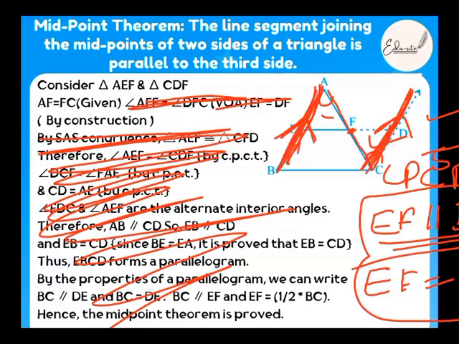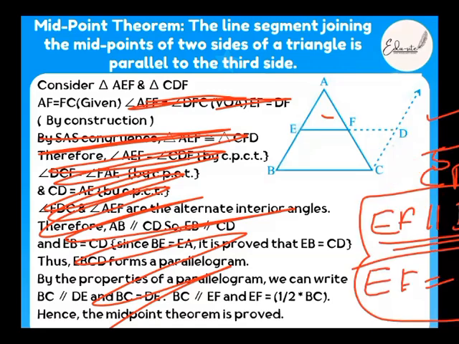Okay. If angle A is equal to angle C, then sides are parallel to each other. If sides are parallel, then this AB is parallel to CD. Then if AB is parallel to CD, then the smaller sides are also parallel to each other, right? EF is parallel to DC. If EF is parallel to DC, then what more can we prove here, beta? Sorry, EB is parallel to DC.